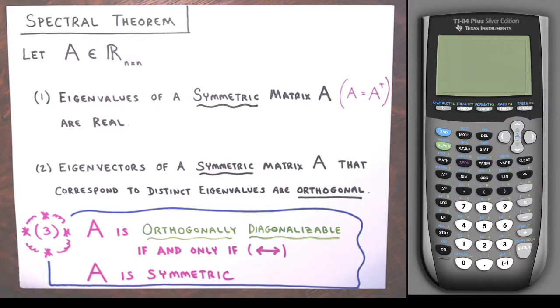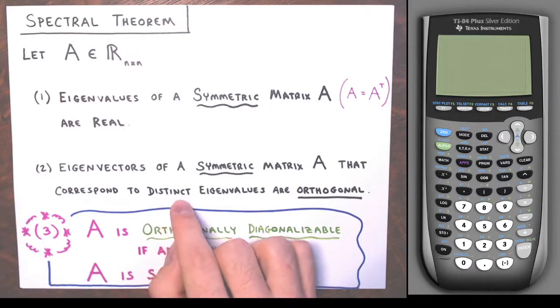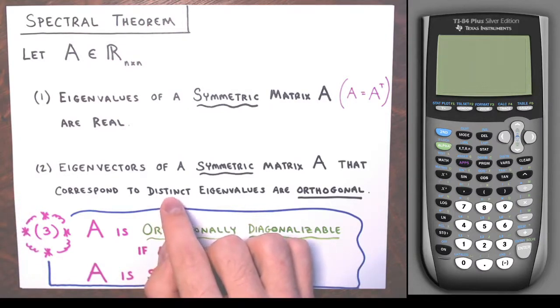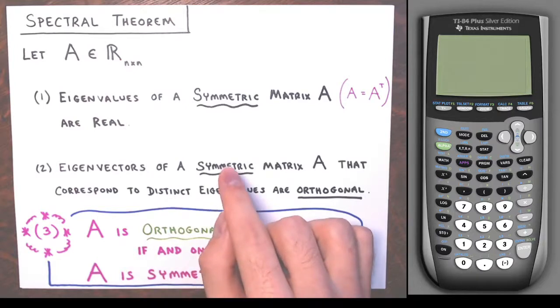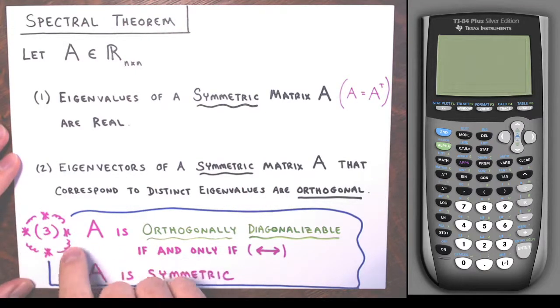Then any eigenvector corresponding to 2 will be orthogonal to any eigenvector corresponding to 3. Any pair of eigenvectors corresponding to different eigenvalues of a symmetric matrix will be orthogonal. Again, this is only for symmetric matrices, and we'll see this in our examples as well. And then I think here's the most important part, put little stars around it. Number 3.